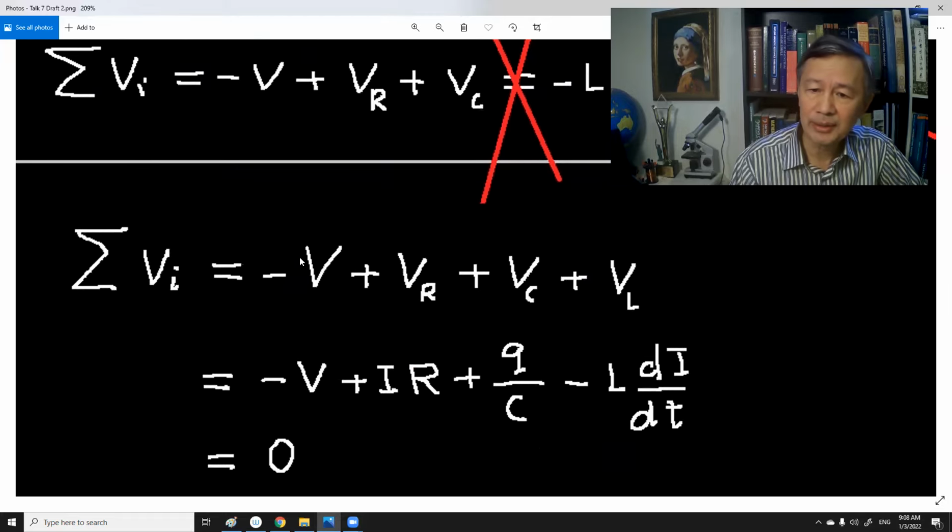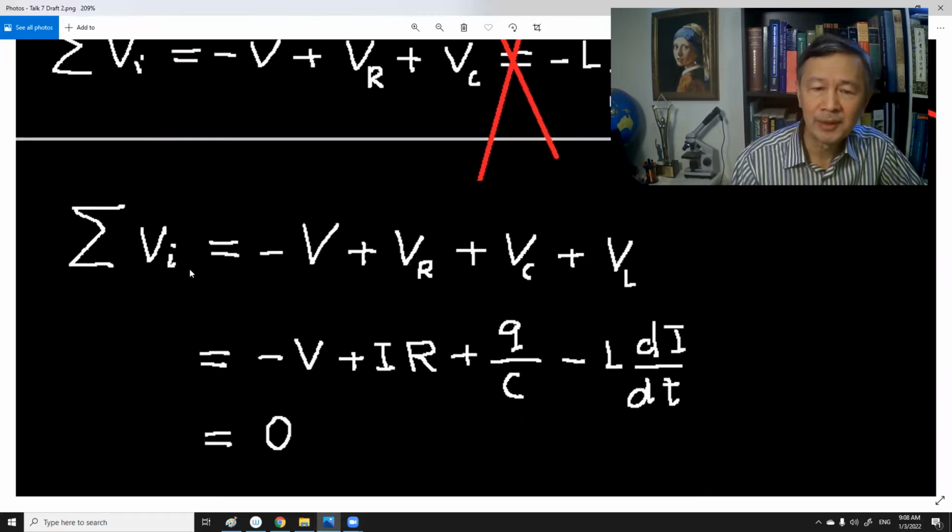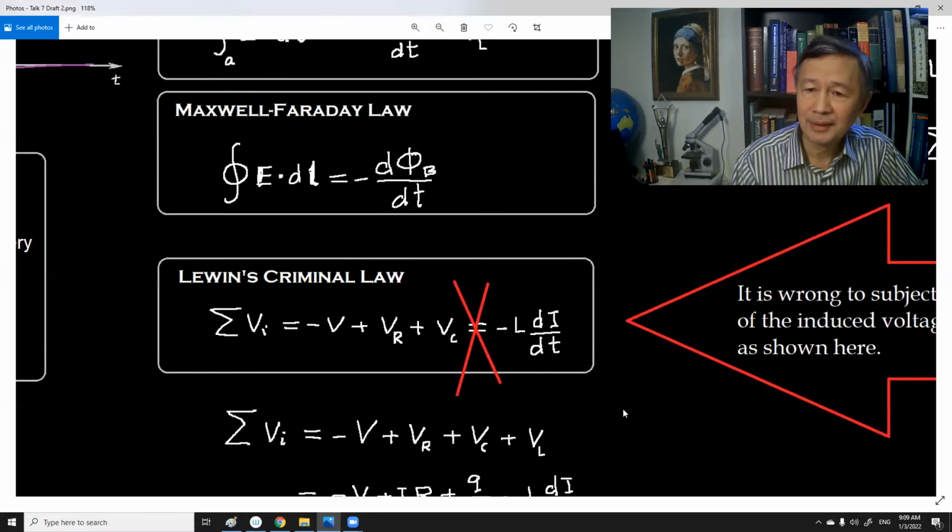And here is how you can. So I will just repeat: if you want to use Kirchhoff's voltage law, here is how to use it correctly. You can simply replace the voltage drop by this simple formula.